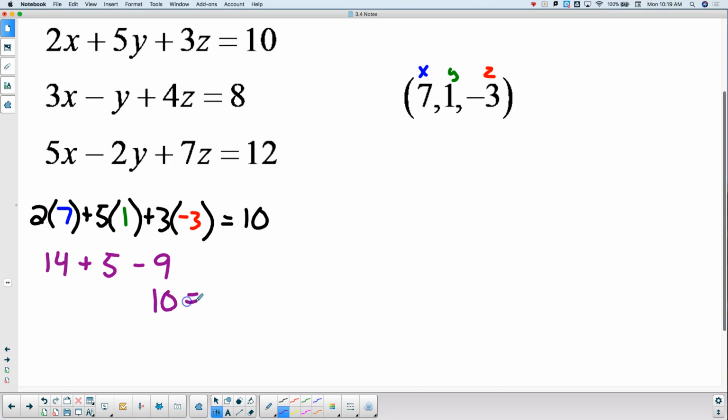Is 10 equal to 10? Yeah. Am I done? Why not?